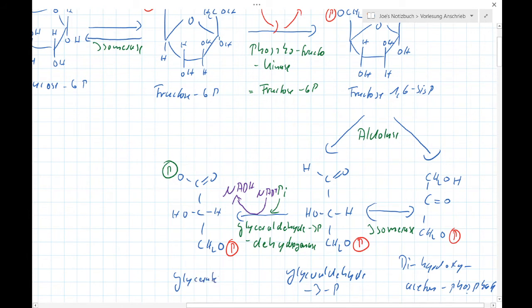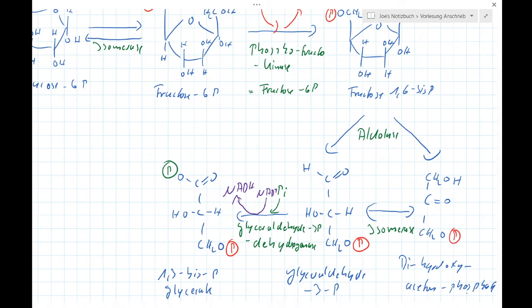This is the backbone, and the -ate comes from this carboxyl group. Still the glycerol backbone. You have your hydroxyl groups there, and this is called 1,3-bisphosphoglycerate. So I have 2 phosphate molecules, 1,3-bisphospho, and the backbone is glycerate.